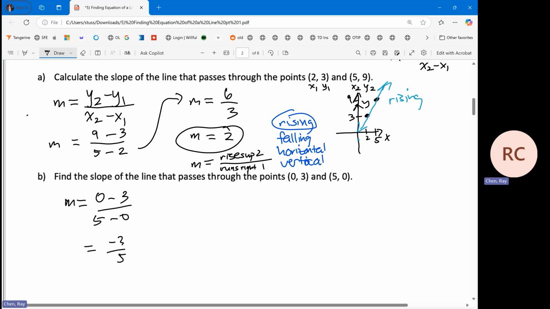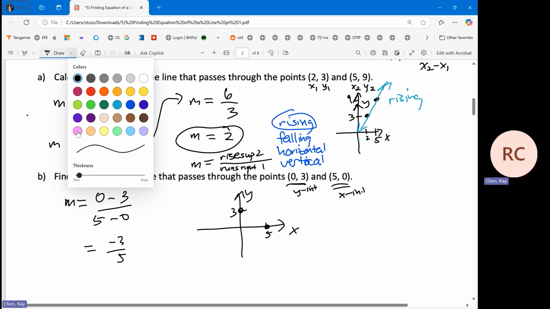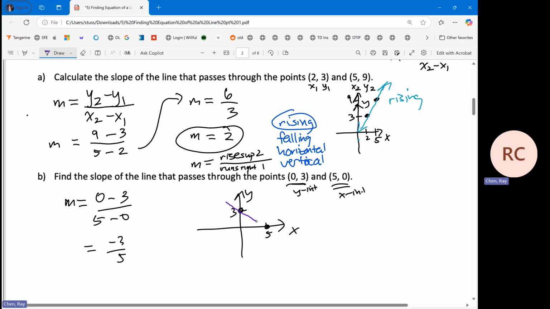Visually, some of you actually could have done it this way. The 0, 3. That's the y-intercept. 5, 0. That's the x-intercept. Understanding visually, and if you remember my class, what kind of line do we have?